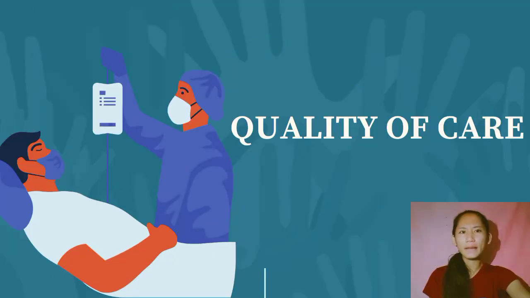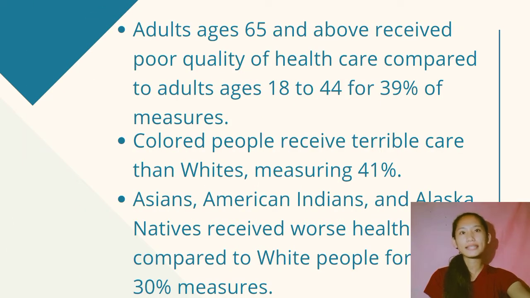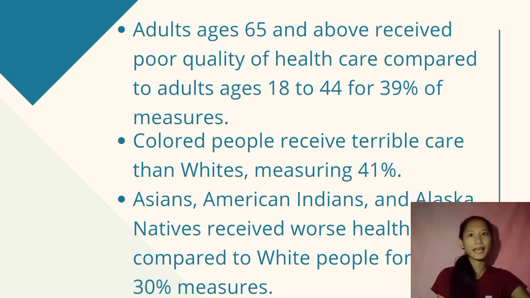What are other examples of health disparities in terms of quality of care? Adults ages 65 and above receive poor quality of health care compared to adults ages 18 to 44 for 39% of measures. Another one is that colored people receive worse care compared to white people, measuring 41%.